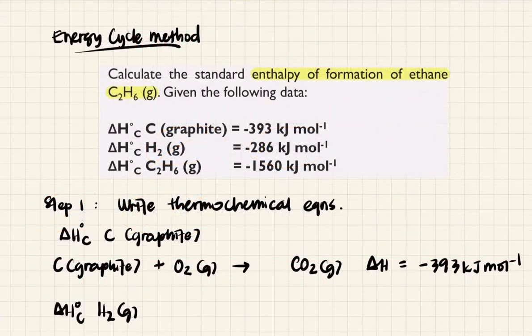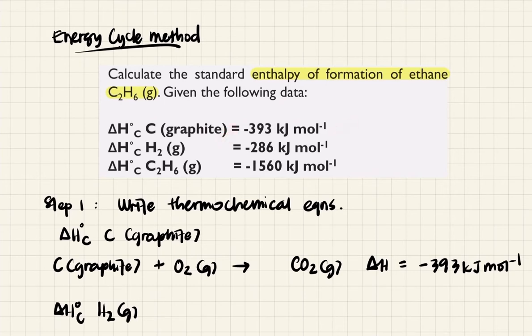Okay, alright, so our second method is the energy cycle method. Calculate the standard enthalpy, standard meaning delta H naught, of formation of ethane C2H6 gas. Given the following data, we have the standard enthalpy of combustion for carbon graphite.